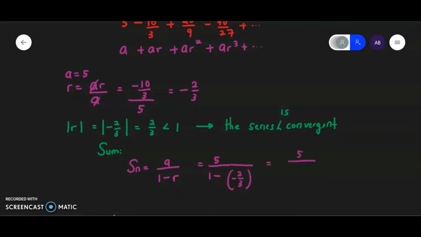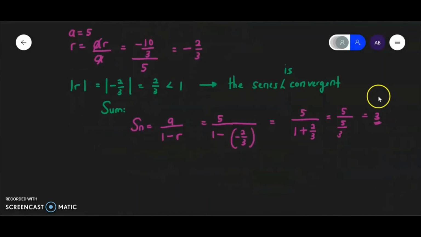So 5 over 1 plus 2 over 3, so this will be 3 over 3, 1 third. Am I correct here? So 5 divided by 5 over 3, right? So this will be 5 over 5 over 3, which is 3. Okay, that's the sum.